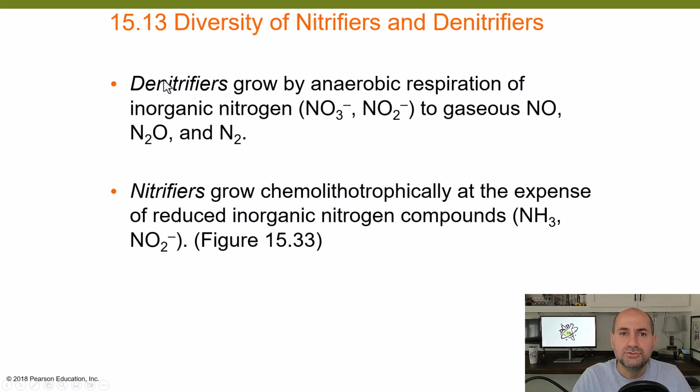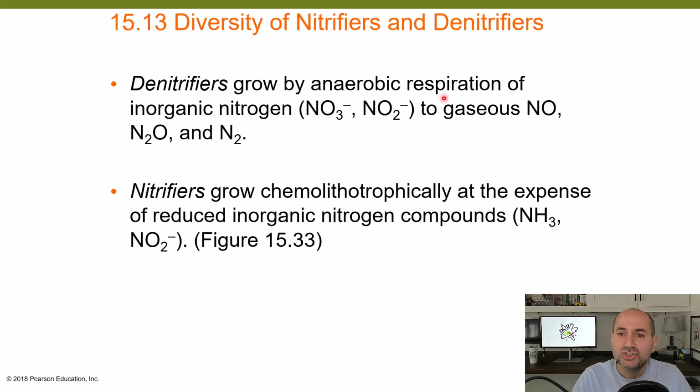Now, moving on to the difference between nitrifiers and denitrifiers. Denitrifiers grow by anaerobic respiration of some form of inorganic nitrogen, either nitrate, NO3, or nitrite, NO2. What does anaerobic respiration mean?